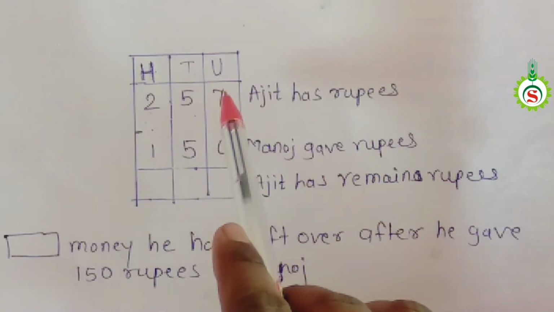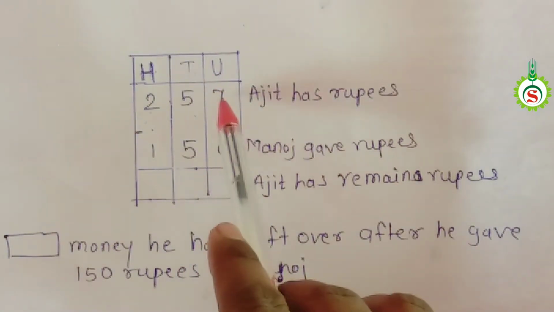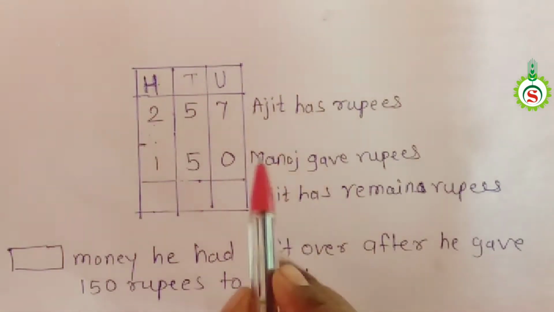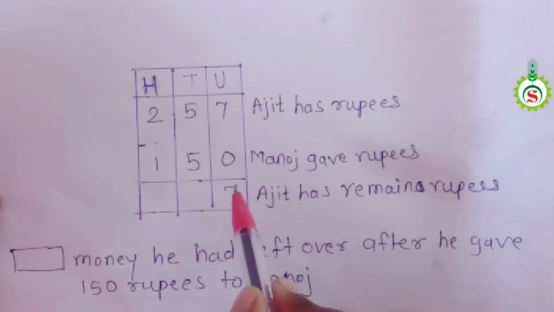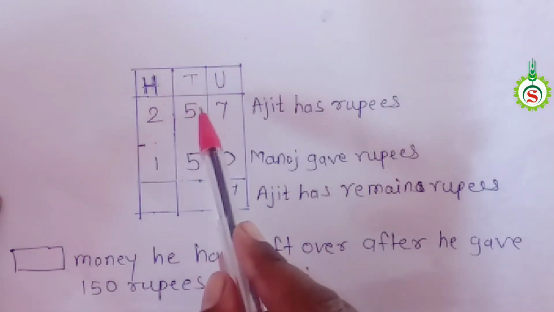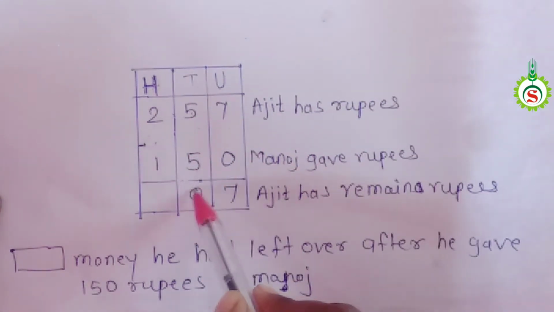First of all, you see the units column. 7 minus 0, we get 7. Write down 7. Then we see the tens column. 5 minus 5, 0.